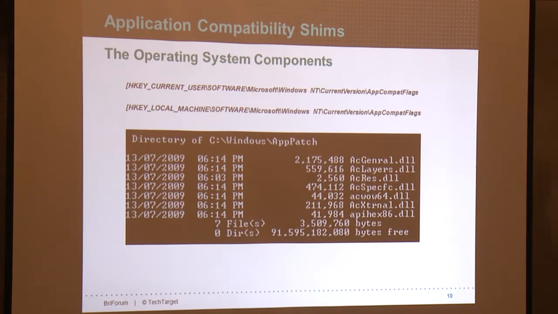And if you go into the Windows folder, C:\Windows, you should notice an AppPatch folder and a bunch of DLLs in there. And these DLLs basically are your shims. So this engine lives within the operating system, and this is important when we introduce App-V later on.